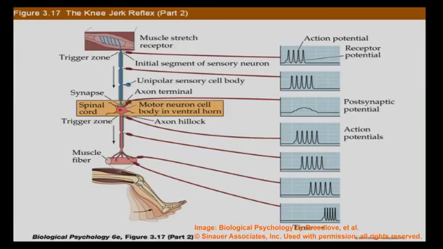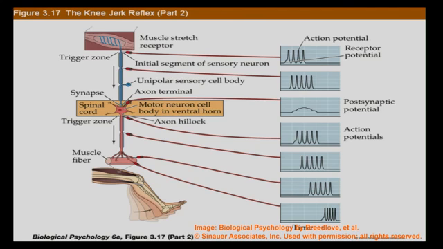Okay, so what's happening here? When the doctor hits the front of your knee, he's activating a sensory element in your quadricep muscle. It's called the stretch receptor. He activates it artificially by banging that little hammer against your knee.